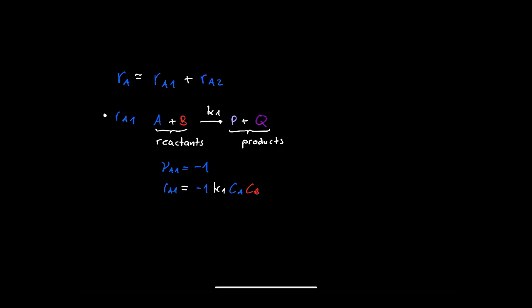So Ca elevated to alpha A, which is 1, and Cb elevated to alpha B, which is 1 as well.